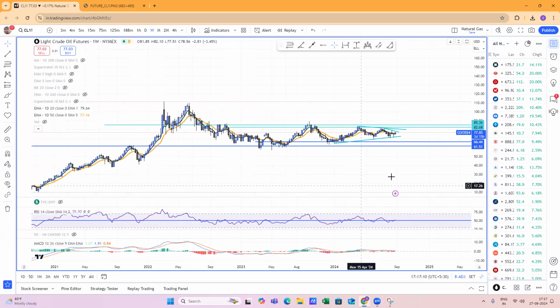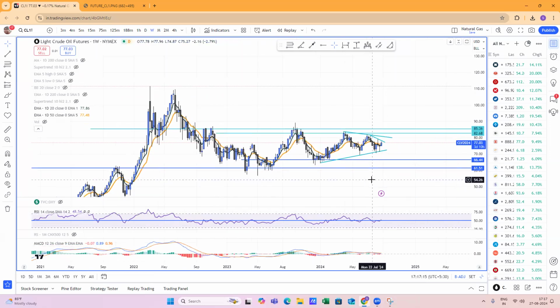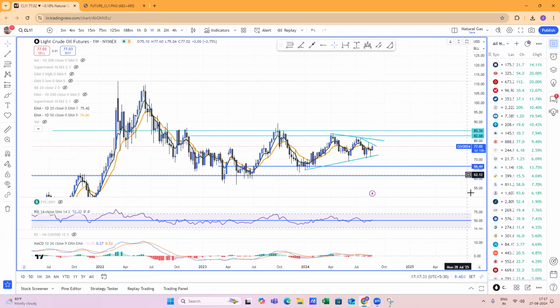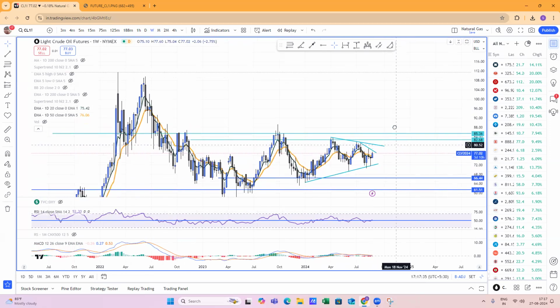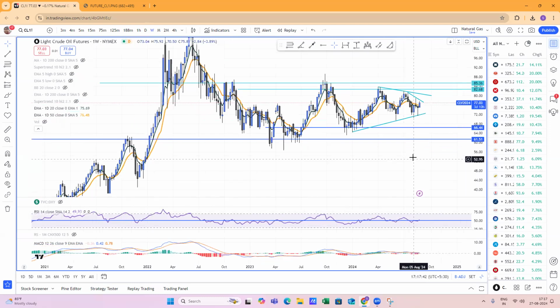Crude oil was lower because he is a hard negotiator with the Middle East, the OPEC, and he generally doesn't like war, and that is why in his era the kind of wars that are going on right now were not there. If that happens, the Middle East tensions go away, then crude prices will generally, and November is the time when the results come, if he wins, then crude oil is possibly going on the lower side.